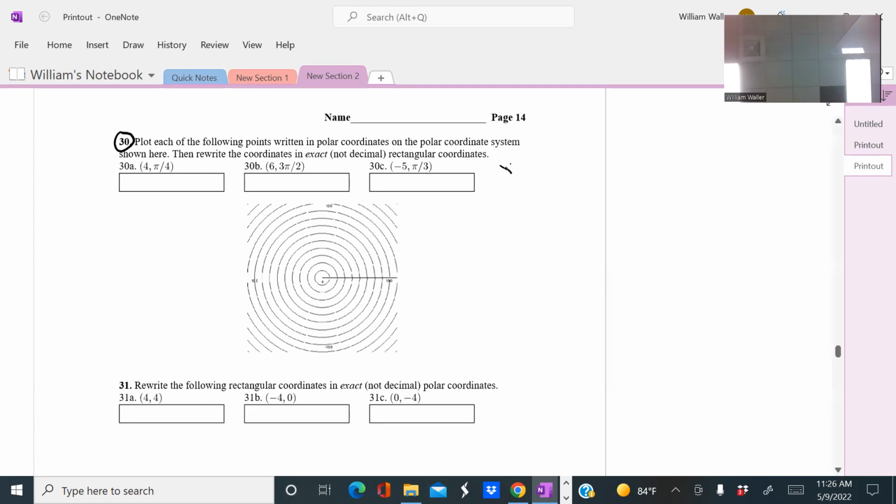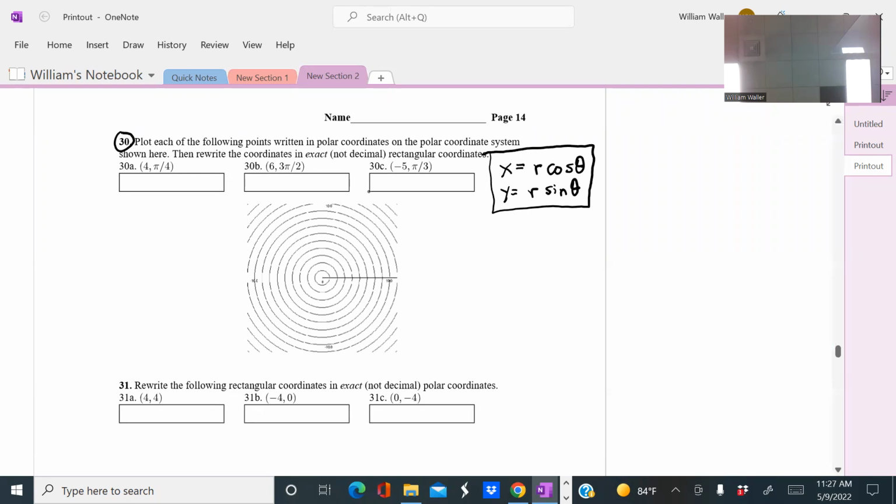Remember, those 2 formulas are x is r times cosine of theta, and y is r times sine of theta. The r value is the first coordinate in the polar coordinates. The theta is the second coordinate in the polar coordinates. So you've got to remember those formulas for converting from polar back to rectangular.